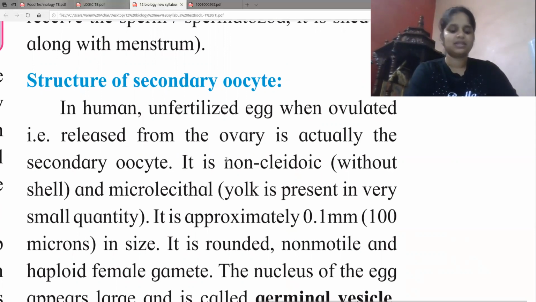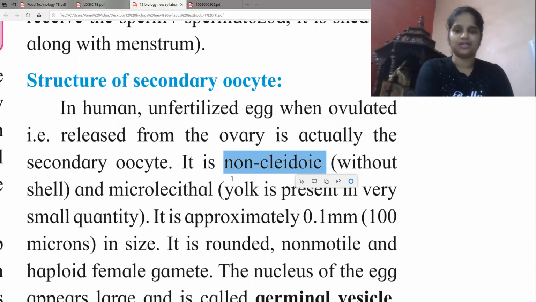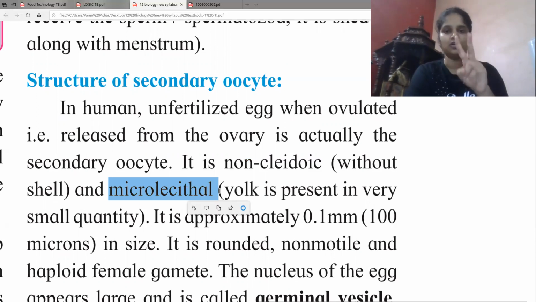Now this secondary oocyte of ours is non-cleidoic. That is, it does not have a shell like the egg that we generally use to make an omelette or a scrambled egg. So an egg has a shell, but our egg does not have a shell. It is non-cleidoic and it is microlecithal. Now whenever you make an omelette or whenever you have broken up an egg, we know that in the egg you find two things.